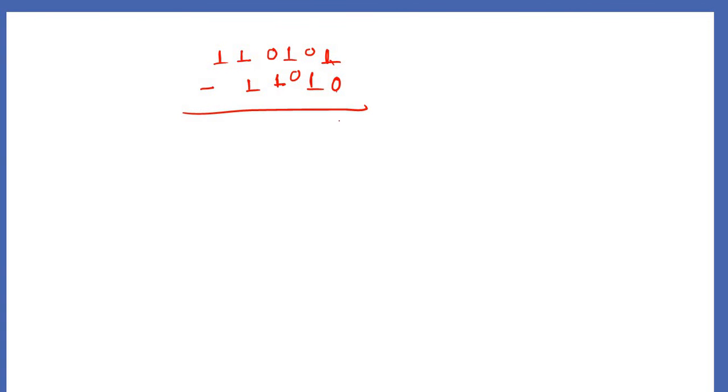Now 1 minus 0 is 1, 0 minus 1, that is the upper digit is less than the lower digit. That means we have to take borrow 1 from the next left column, right? This 1 will be converted into 2 in the second column. So 2 minus 1, it gives the result 1. Since we already have taken 1 borrow from the third column, it will be converted into 0. Therefore 0 minus 0, it becomes 0.